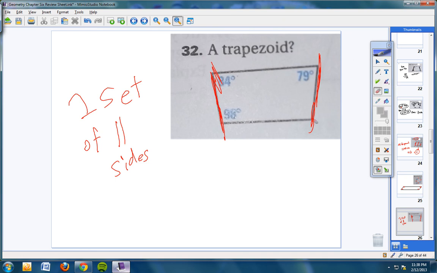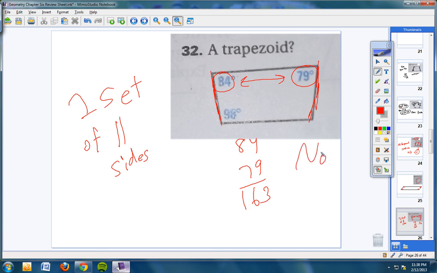If that's the case, then this angle has to be supplementary to this angle. Let's see if they are. 84 and 79. 163, not even close. No, this is not a trapezoid.